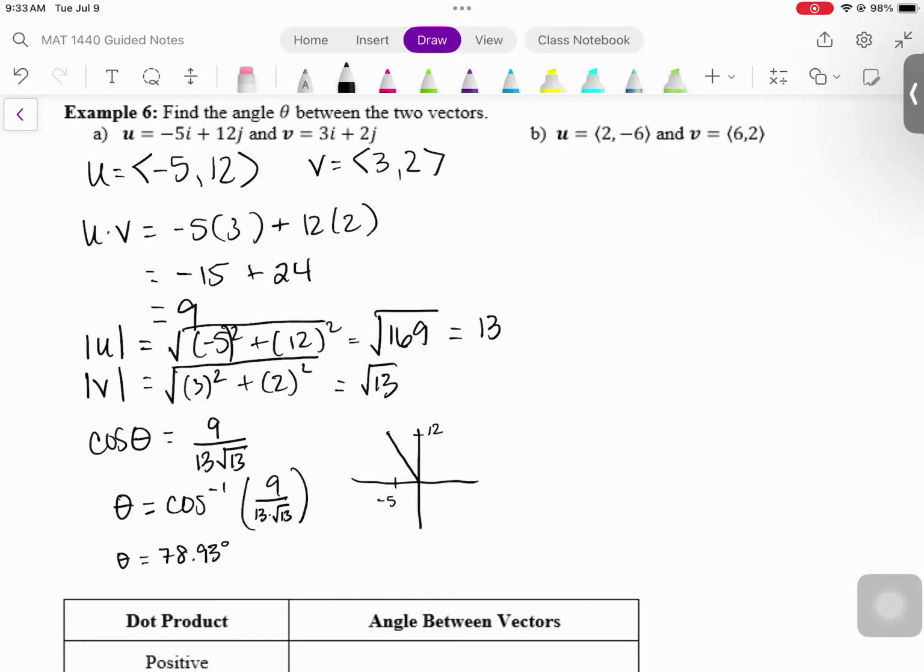And then 3, 2, something like this. And looking at that angle, an angle of 78.93 degrees at least seems somewhat reasonable. It almost looks like a right angle in my picture, but an angle of about 79 degrees isn't that far off from that. And I did just sketch that picture. So really, we're looking for very obvious discrepancies between the angle theta that we calculate using inverse cosine and that angle that is sketched in the picture.